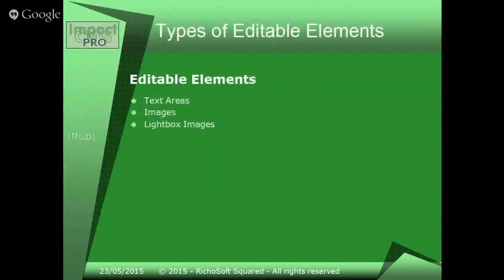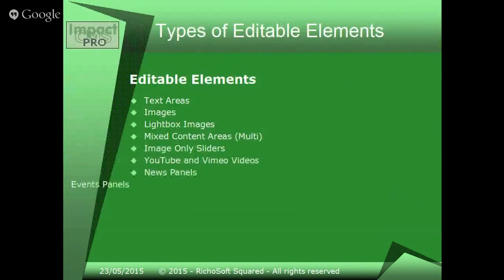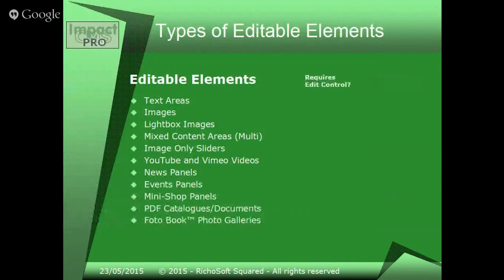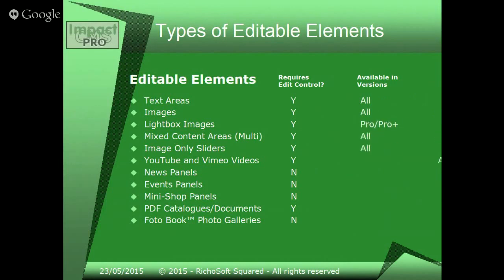The editable elements that you can edit with the Impact CMS are text areas, images, lightboxes, mixed content areas, image sliders, YouTube videos, Vimeo videos, news panels, events panels, mini shop panels, PDF catalogs and documents, and photo book photo galleries.